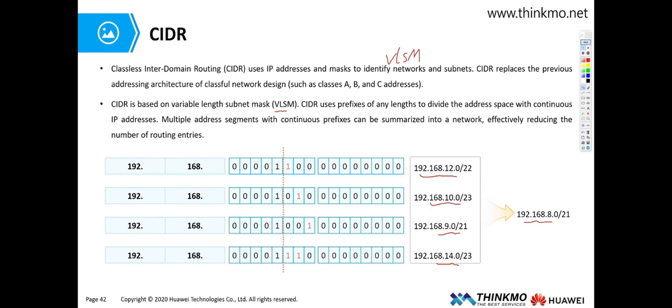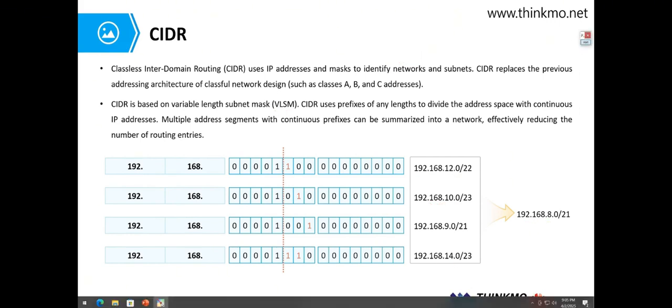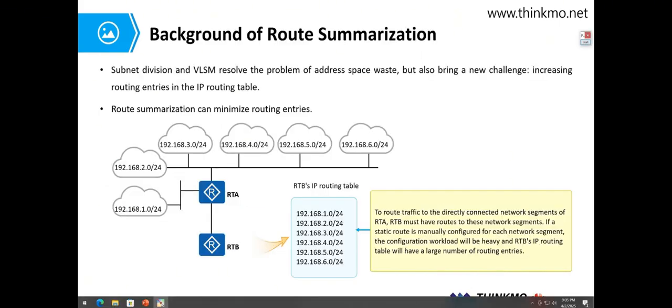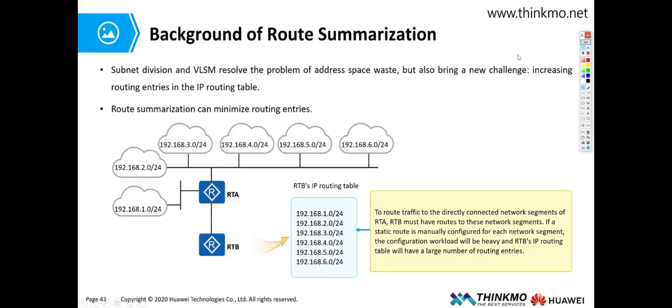Now, we talked about subnetting and VLSM, which address the issue of address wastage. However, they also introduce a new problem. As I divide the network segments, the number of segments increases, leading to more and more routing entries in my routing table.